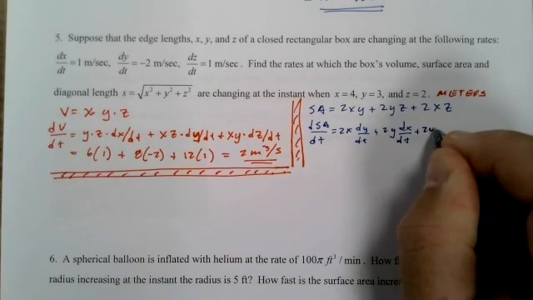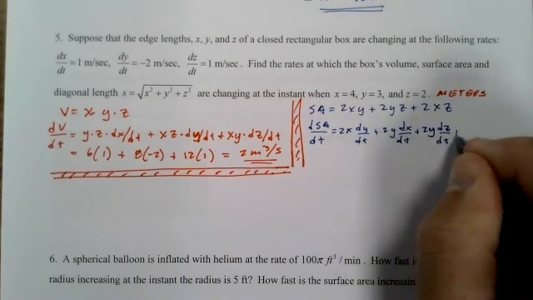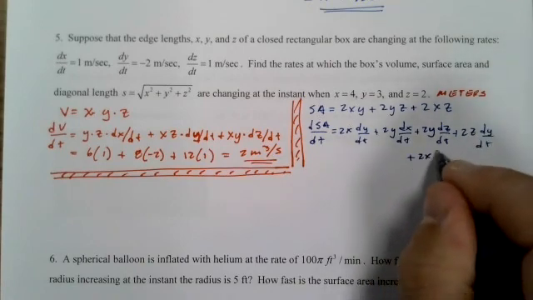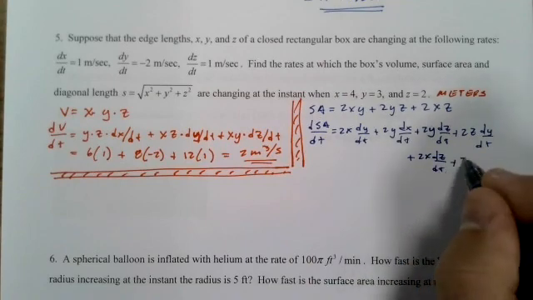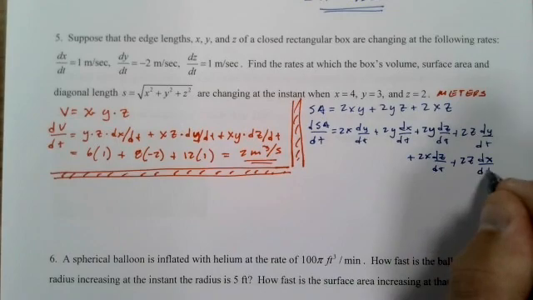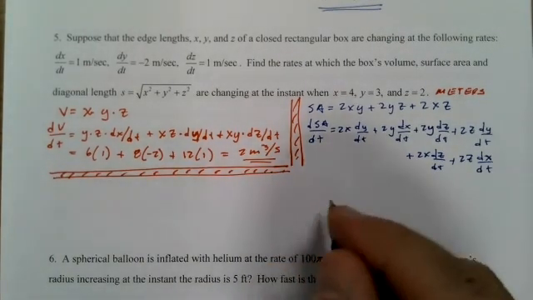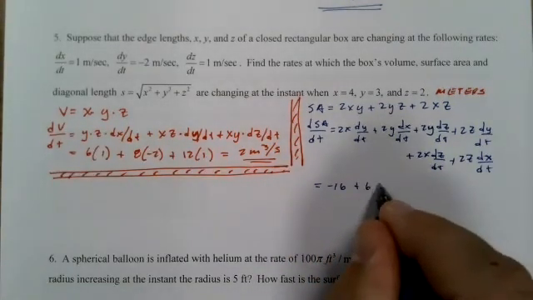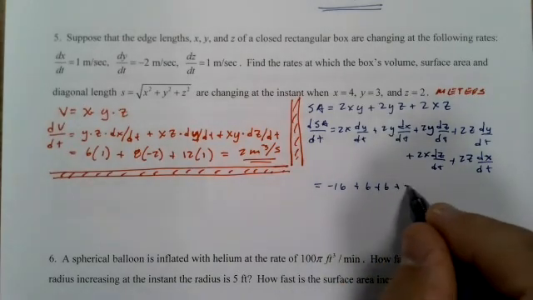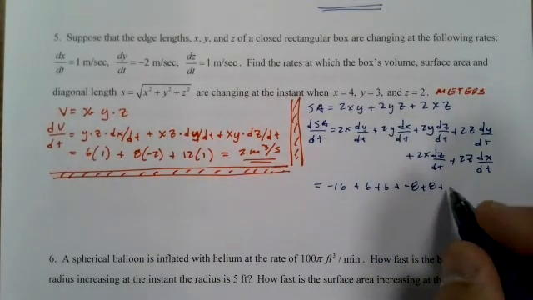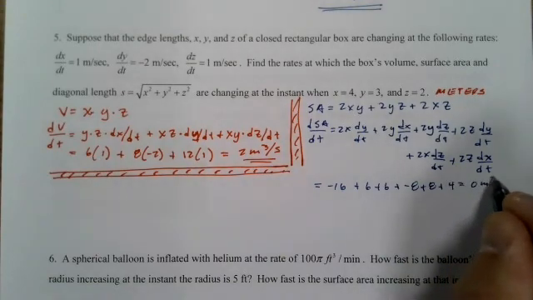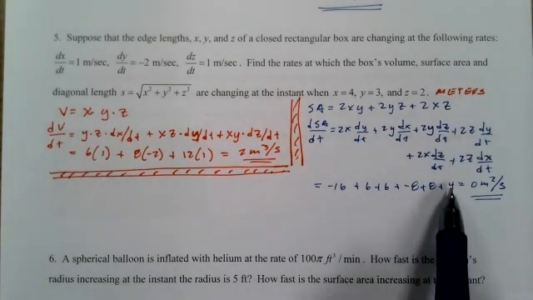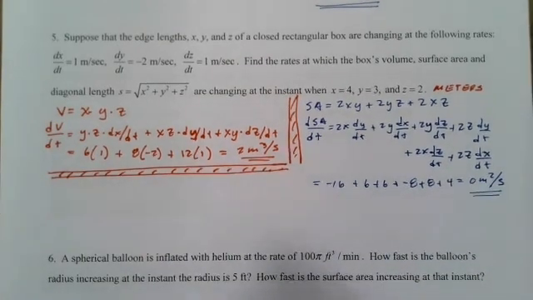Plus 2y dz/dt plus 2z dy/dt plus 2x dz/dt plus 2z dx/dt. Lots of product rule, which equals -16 plus 6 plus 6 plus -8 plus 8 plus 4, which equals 0 meters squared per second, which is weird. Yeah, cancel. There it is.